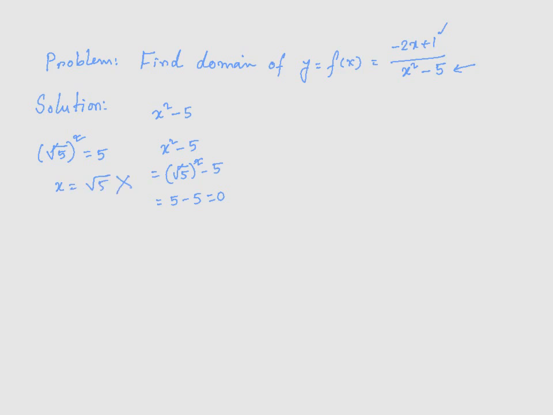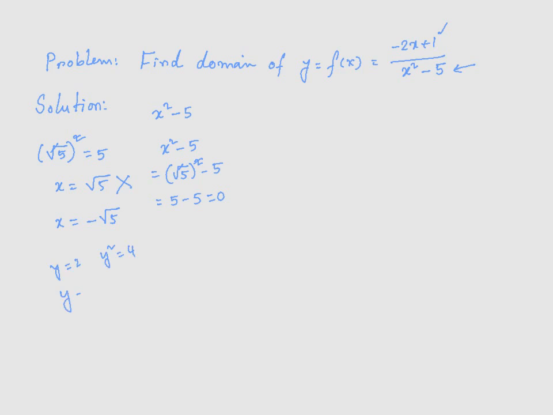So you don't want this value. As it turns out, if you plug in x is equal to negative square root of 5, that also will give you 0, because if y is equal to 2, y square is equal to 4.